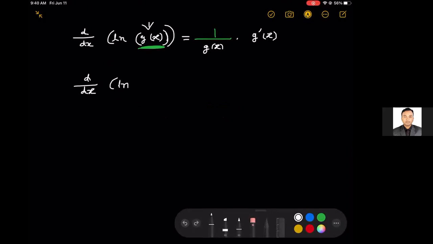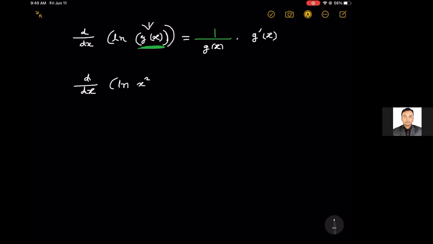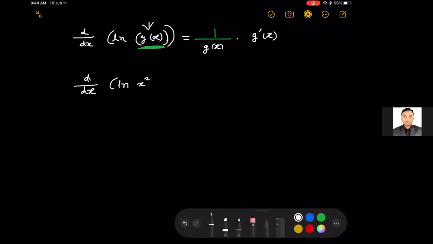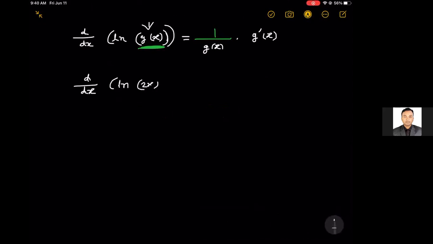So say you have natural log of x squared, okay? Not x squared, I think I should give you natural log of 2x, okay? So I know that the derivative of natural log of x is 1 over x.